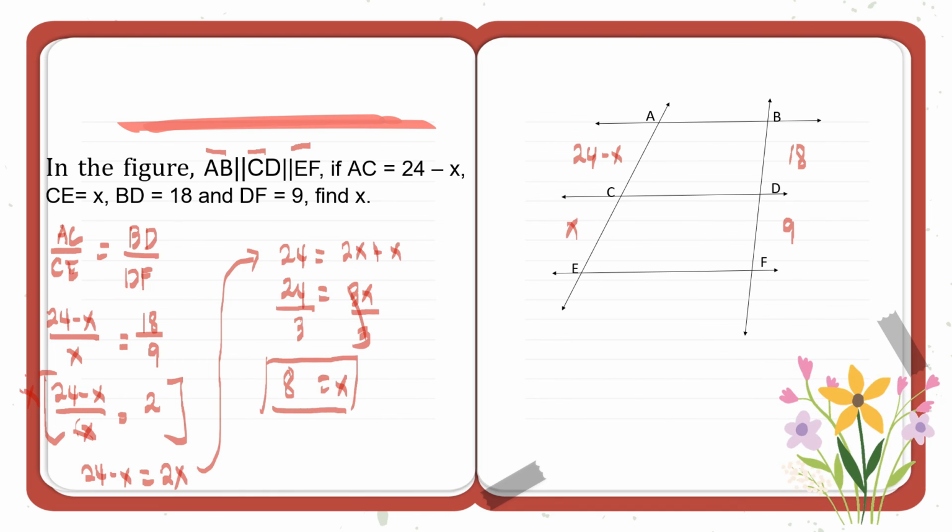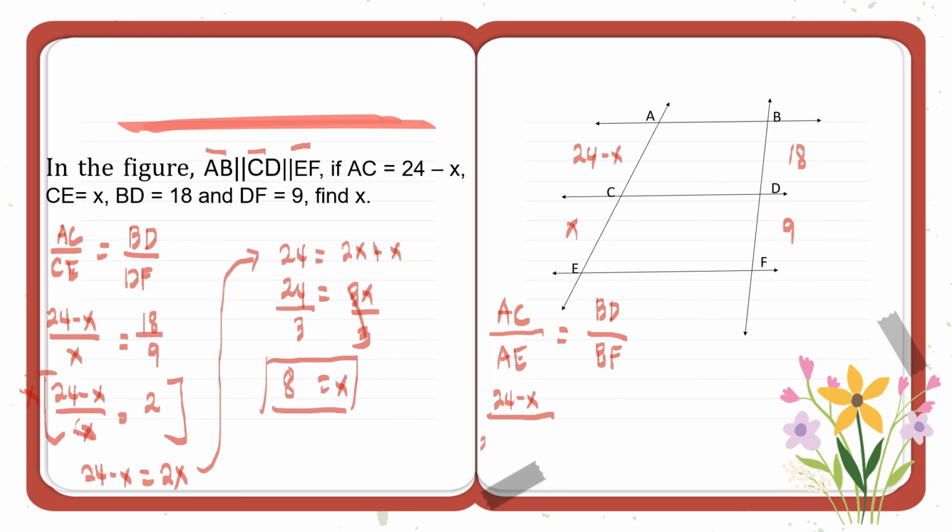So let's see if we get the same answer by using a different proportion. Let's say AC over AE equals BD over BF. Since AC is 24 minus X, AE is the sum of AC and CE.